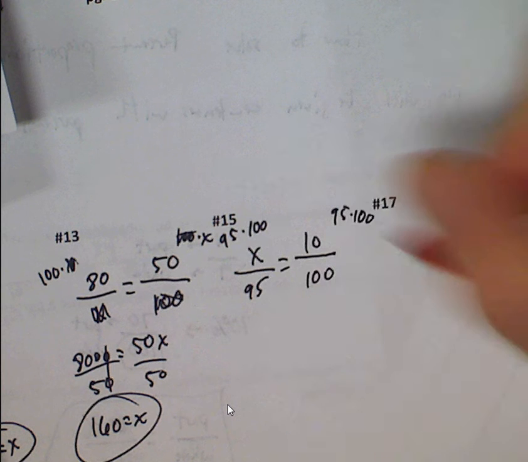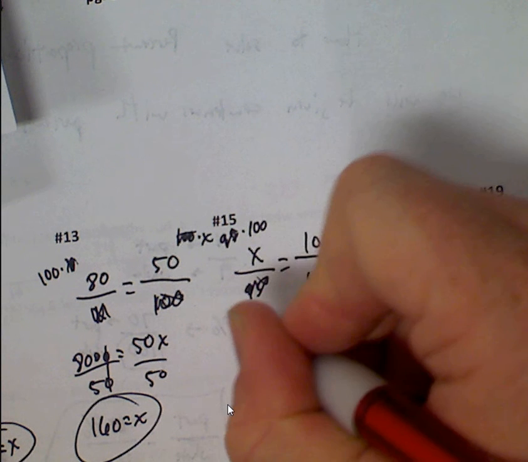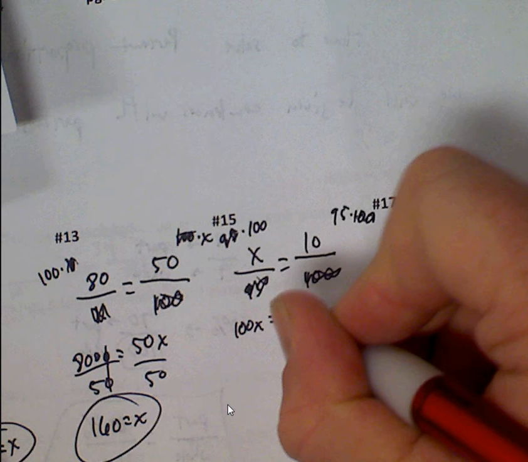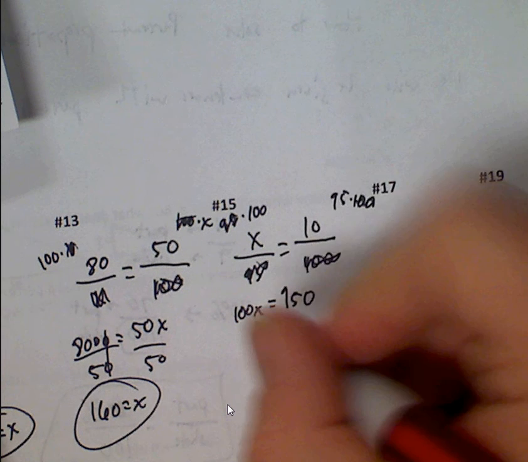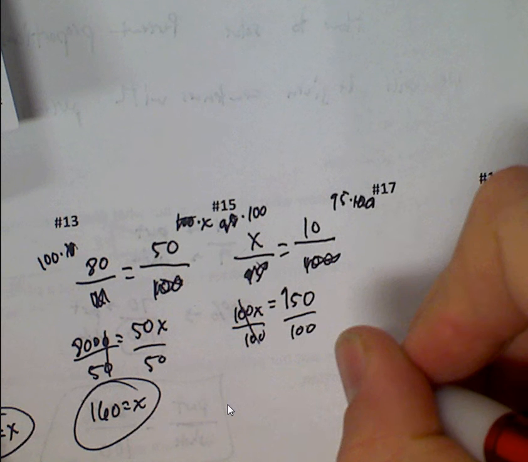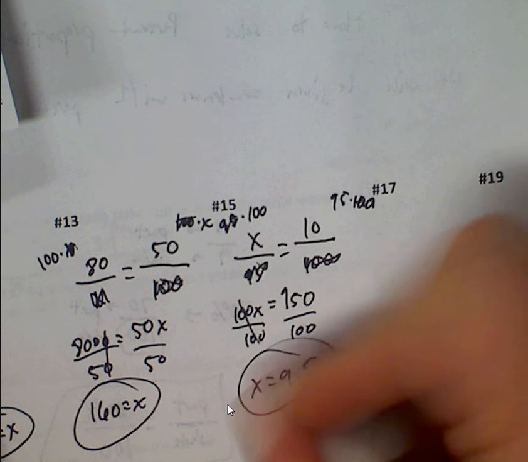My 95 goes away, so I'm left with 100x equals, my 100 goes away, 950. Divide by 100, divide by 100. So x would have to be 9.5.